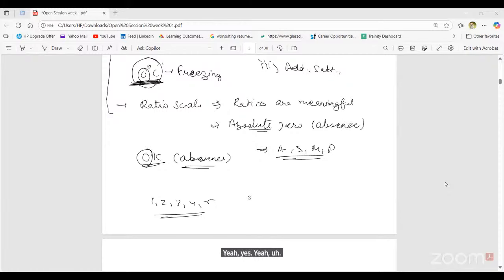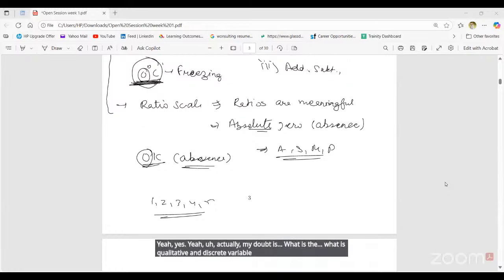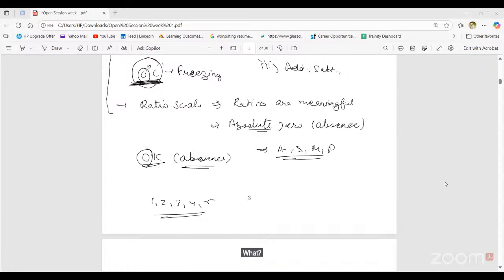My doubt is what is a quantitative and discrete variable and a quantitative and continuous variable? What is the difference?